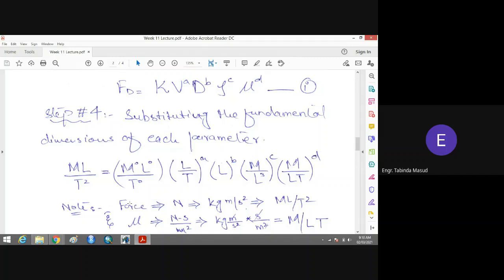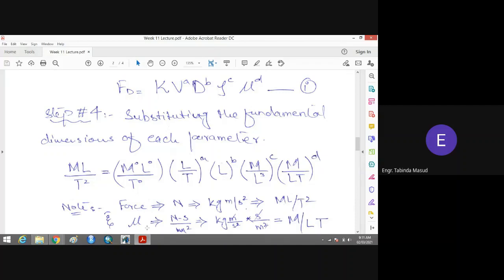First of all, let's suppose this is the drag force. Simply this is a force, and we know that the unit of force is Newton, where Newton is equal to kg meter per square second. Kg is mass, meter is length, and square of second is square of the time. So the fundamental dimension of force is M L divided by T squared.